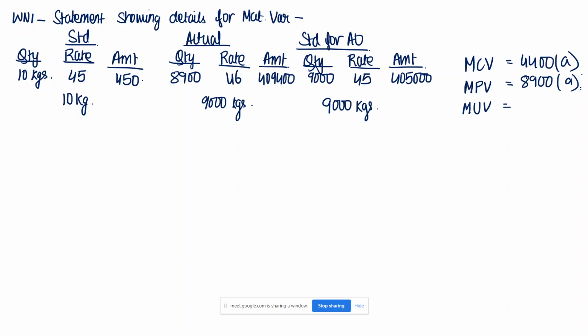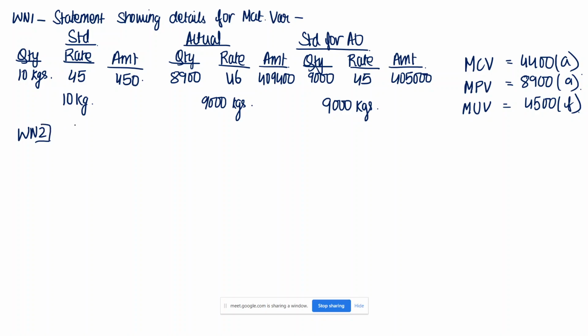Material usage variance 4,500 favorable. Everyone got this? Anyone still doing? Clear? Chalo, working note 2.